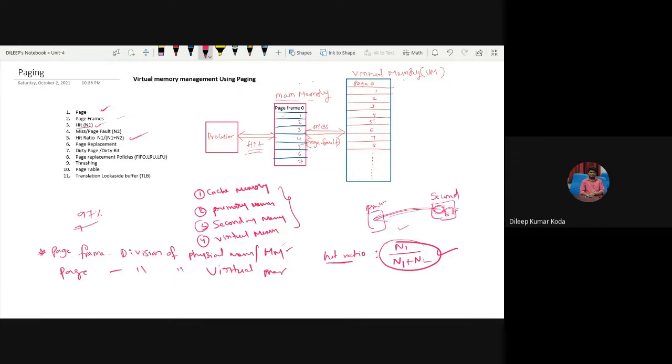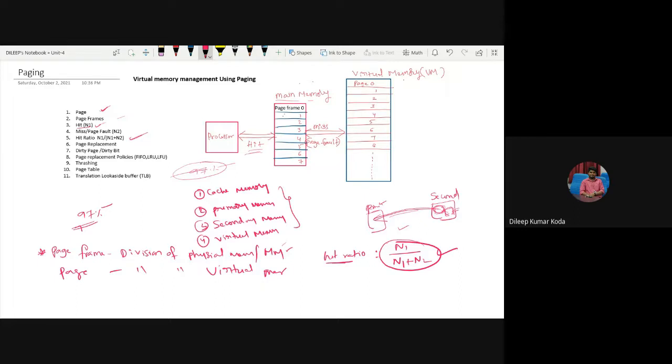That means whenever the processor wants to search for something, most of the time, more than 97 percent, you will get the file in the main memory itself.